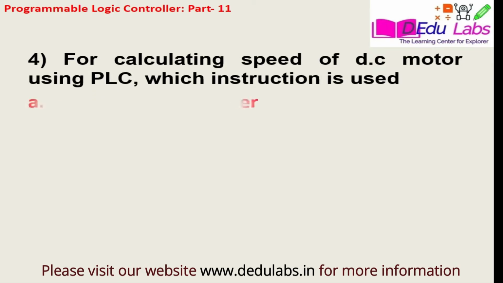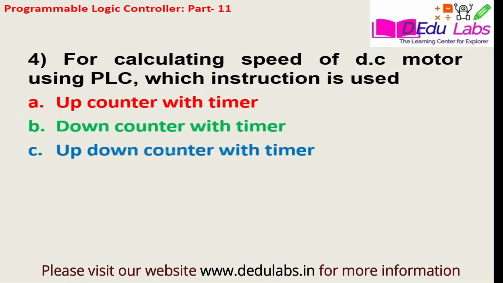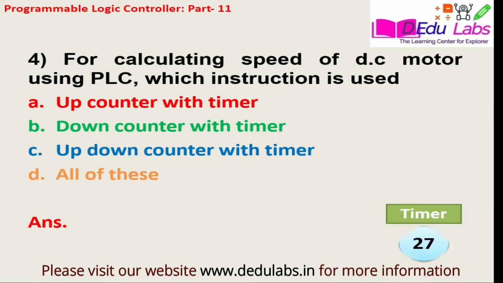Option A up counter with timer, option B down counter with timer, option C up down counter with timer, and option D all of these. The answer is option number D, that is all of these.